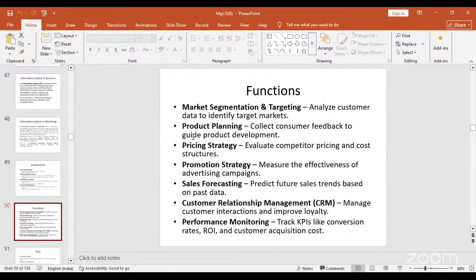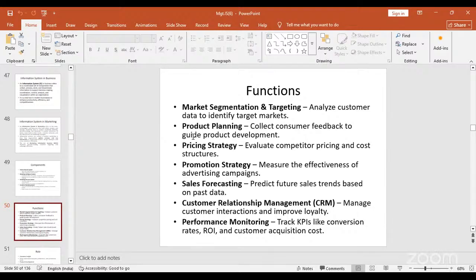There is a guarantee, warranty, etc. So make a customer relationship between the customer and the supplier. So manage the customer interactions and improve the loyalty. That is an added advantage.